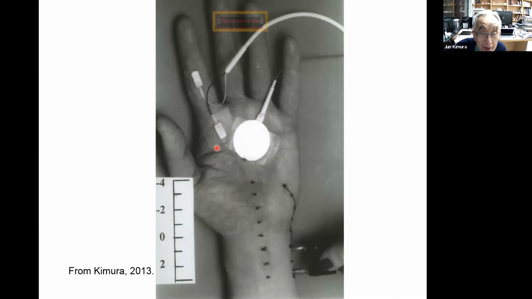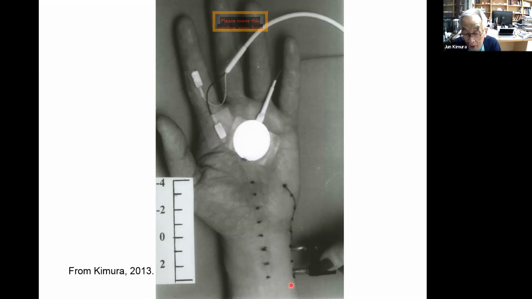And besides, in this setting, you can stimulate the ulnar nerve and still do imaging, because the first palmar interosseous is also located in this vicinity, and you can record from that after stimulating the ulnar nerve using the imaging approach.